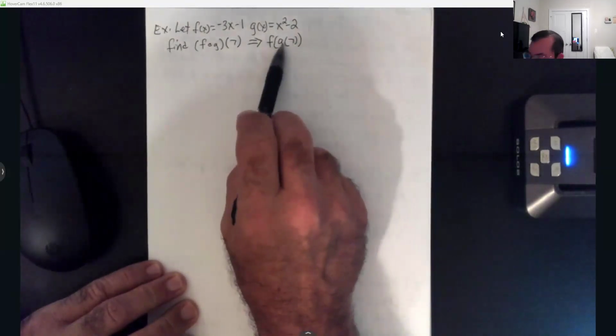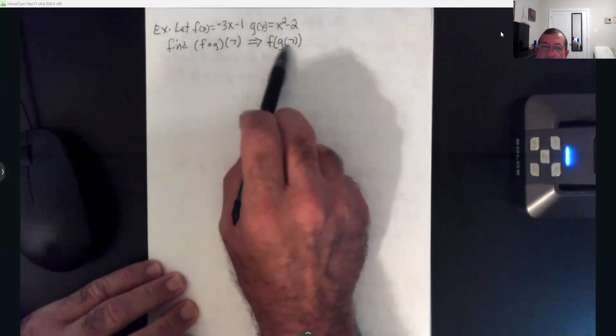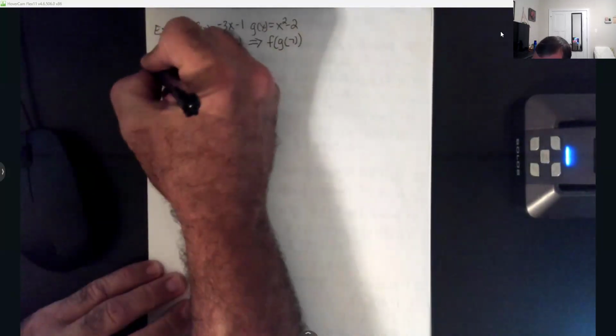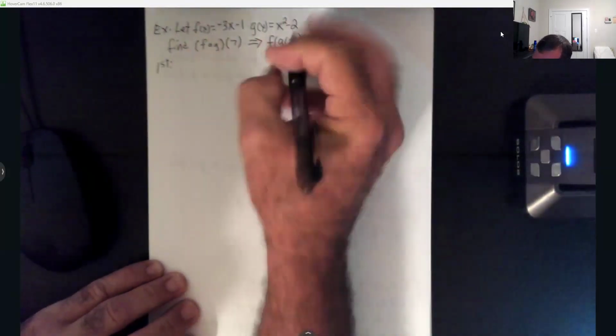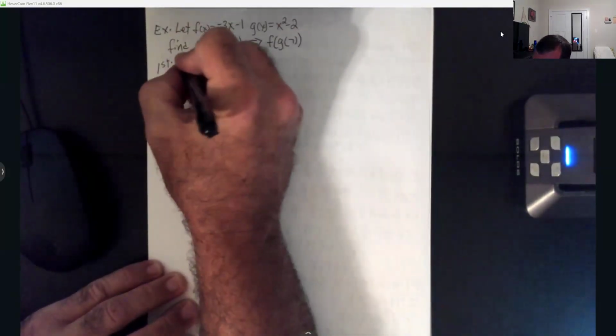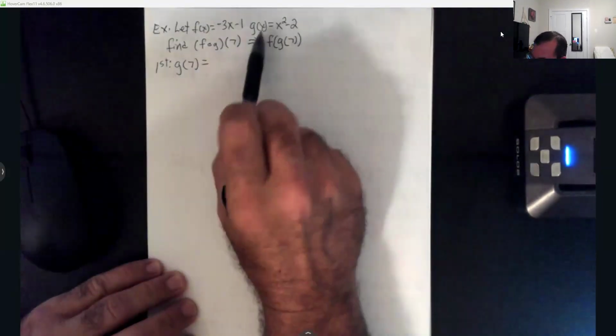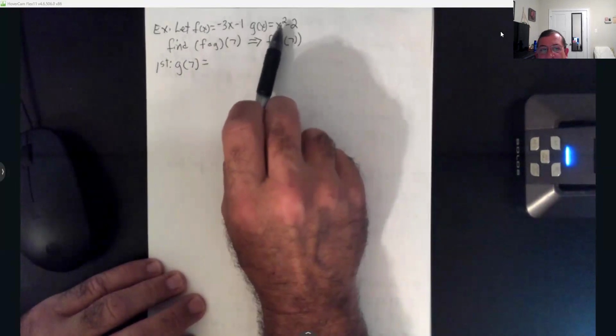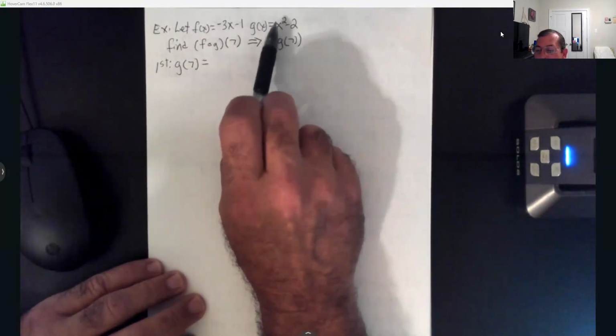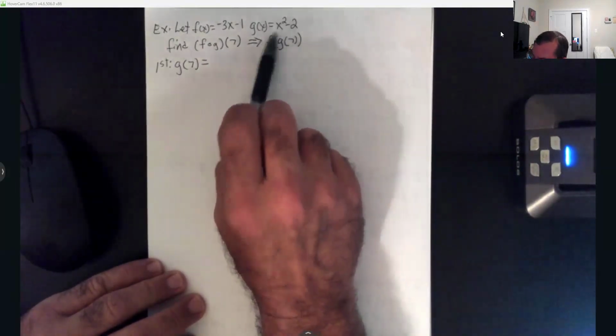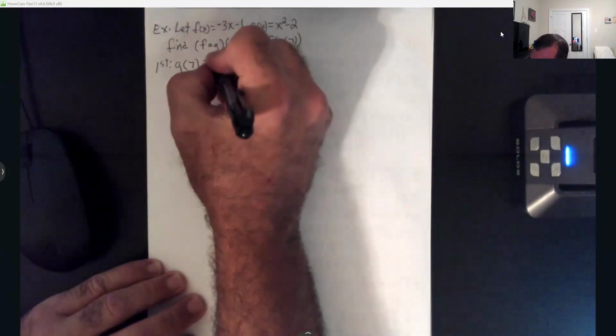So writing it like this, we're going to innermost parentheses, which is our g of 7. So y'all, the first thing we're going to find is this g of 7. So g of 7 means I'm going to take this g equation and put a 7 in for that x. So that's going to give me a 7 squared minus 2.